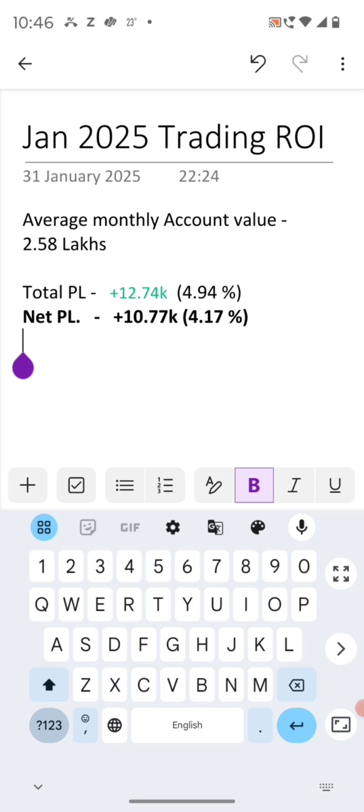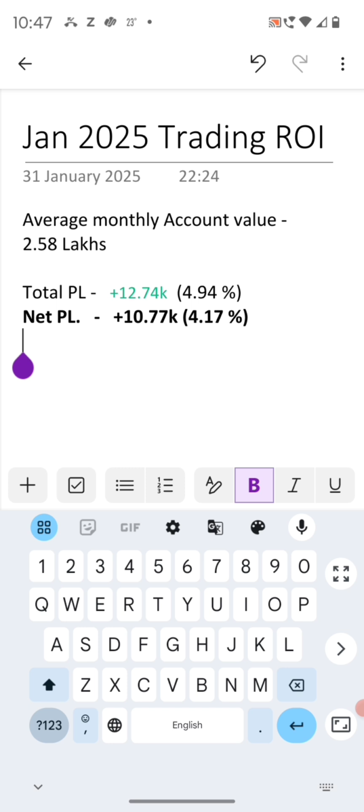So close to 60%, some 59% something will be your overall total cumulative annual returns, and something around 50 or 52% will be your net P&L, after you take away all of the taxes and the charges.